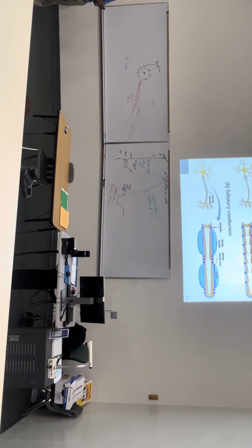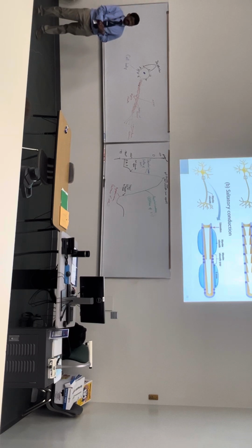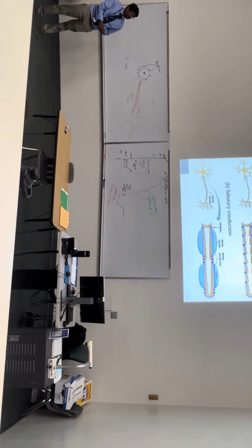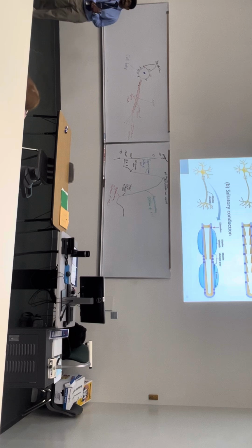Without myelin, unmyelinated, it's called continuous. So each spot has to stimulate the next adjacent segment, and so on and so forth. Hence this is slower. It's still relatively fast, though. Any questions there?